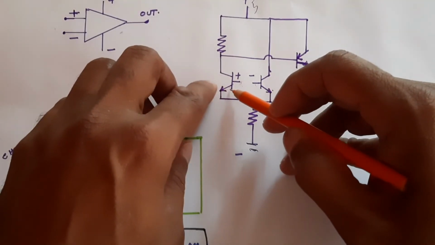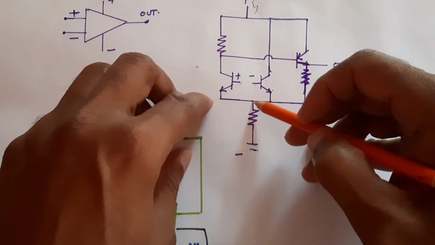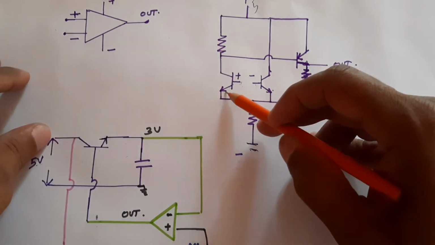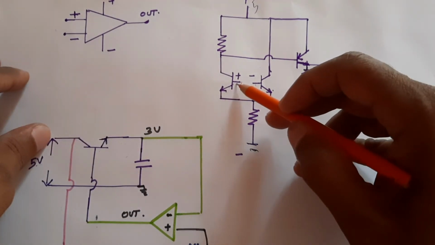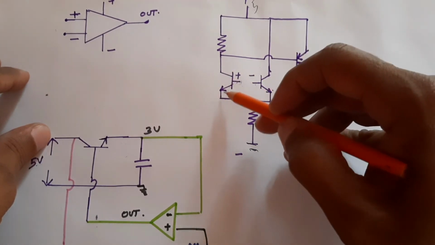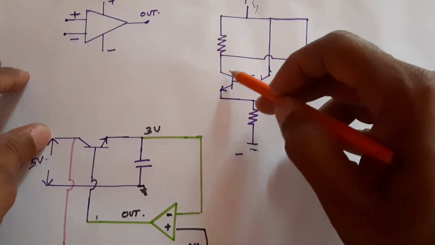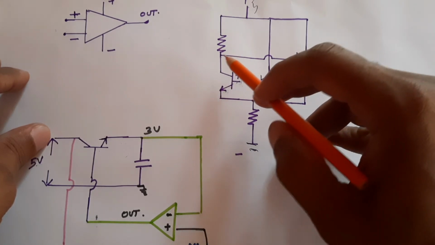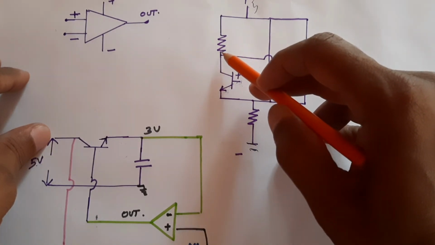So when the voltage at this point becomes more, the difference between this point and that point becomes less. So it becomes less conductive. Less conductive means the resistance is increasing. Resistance increasing means the input voltage becomes more.